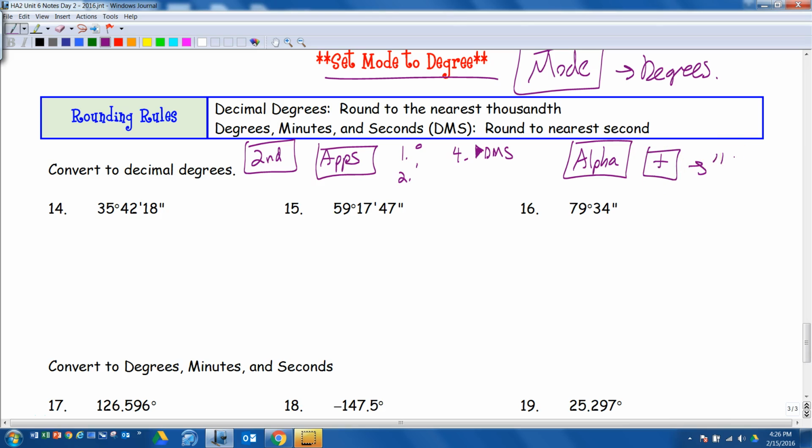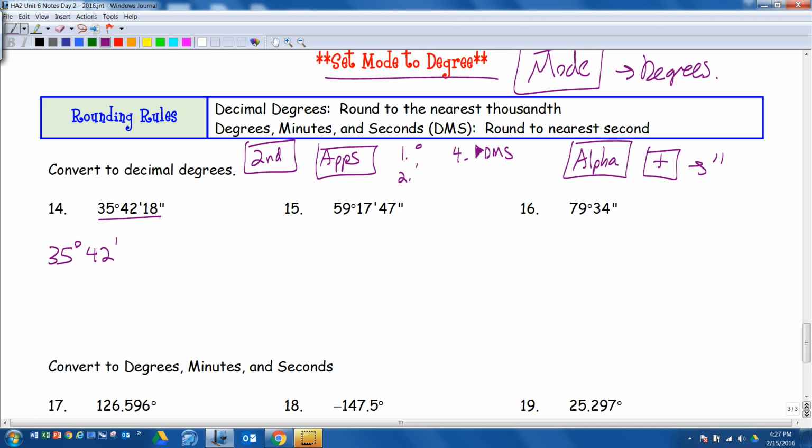Okay, so here's what you want to do. Literally on your home screen, type in the number 35. Then hit the second apps button, and then hit number 1 to get the degree symbol. So you're literally typing it in so it looks like this on your home screen. Now we're going to type in a 42. We are going to go back to second apps and get the minute symbol.